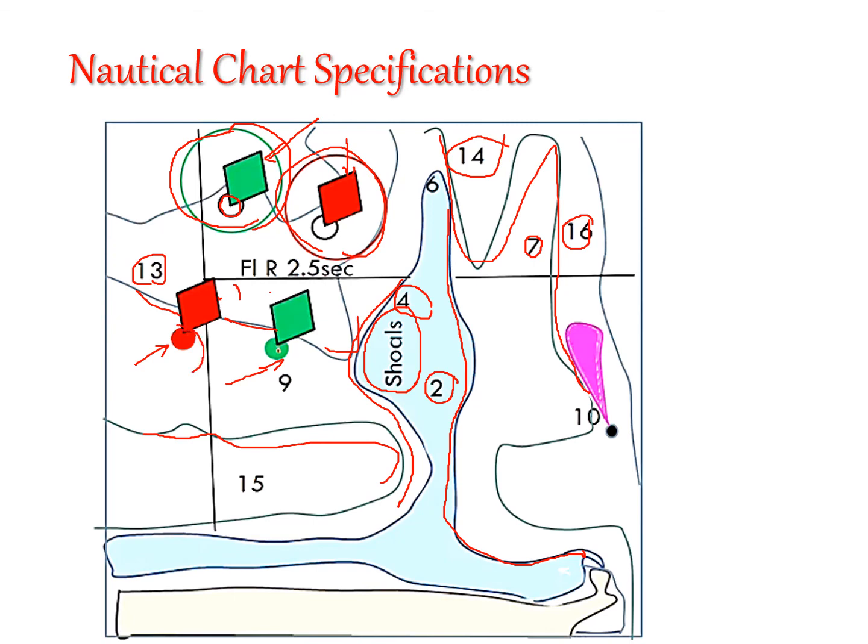Unlike the others there is a circle surrounding, here there is no circle, so it indicates red light and green light, flashing very short flashes of light. One more thing remaining here is this, which indicates the lighthouse.